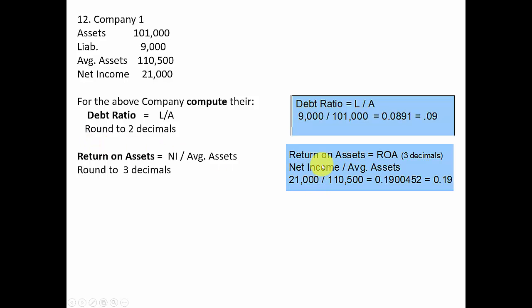Return on assets is net income divided by average assets: 21,000 divided by 110.5, which is average assets. Run through your calculator, that gives 0.19.